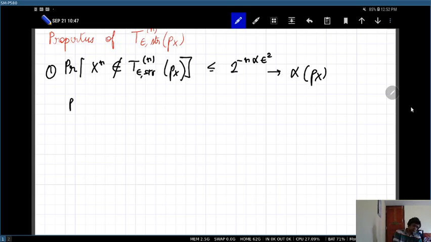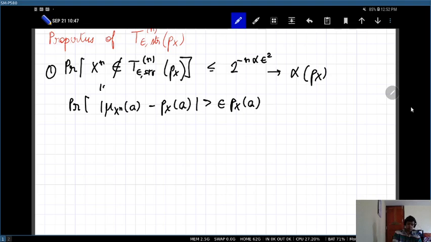Essentially, if you look at the probability that xn is not in T epsilon strong, so this is the probability that mu xn of a minus px of a is greater than epsilon px of a.